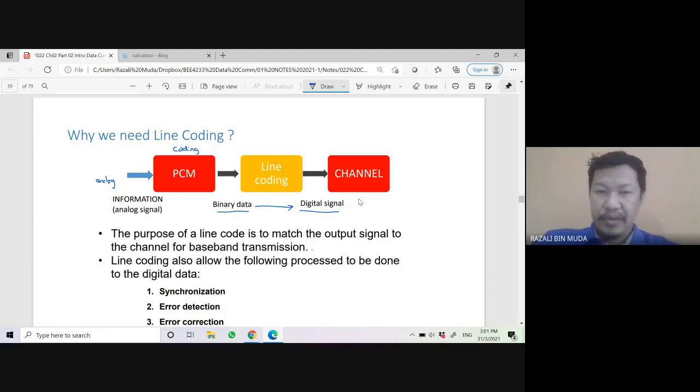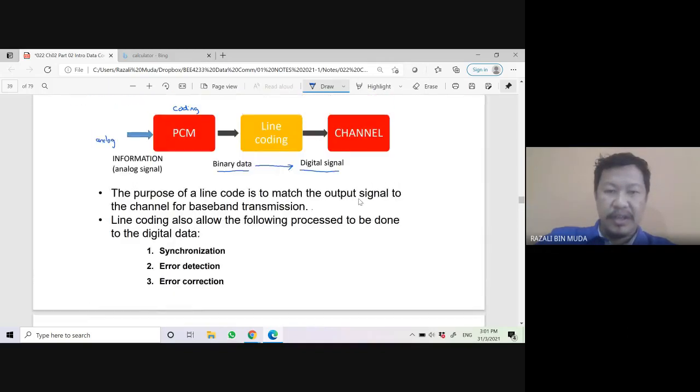So apart from converting binary data 010101 to a digital signal, like 5 volts and negative 5 volts, line coding is also used to achieve the following processes in the digital data.